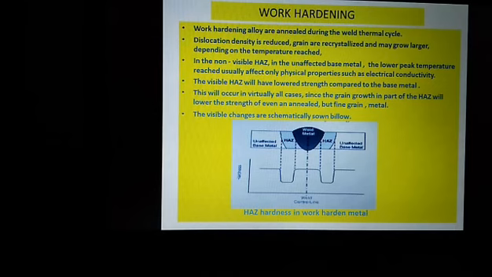In the non-visible HAZ, in the unaffected base metal, the lower peak temperature reached usually affects only physical properties such as electrical conductivity. The visible HAZ will have lower strength compared to the base metal. This will occur in virtually all cases, since the grain growth in part of the HAZ will lower the strength of even an annealed but fine grain metal.